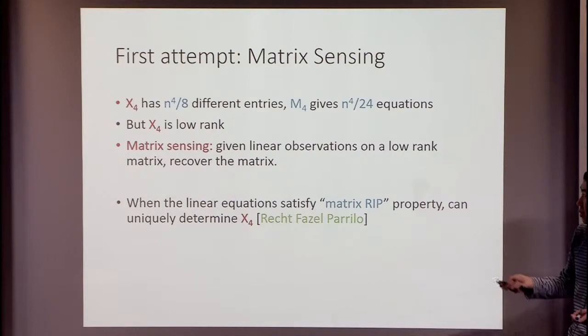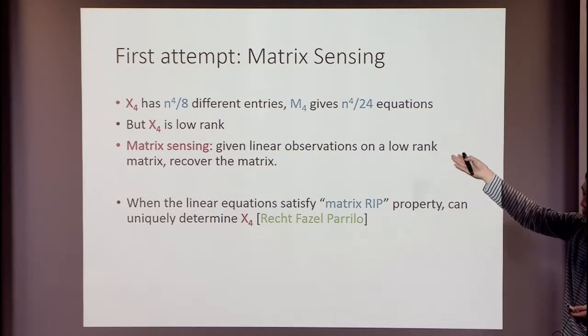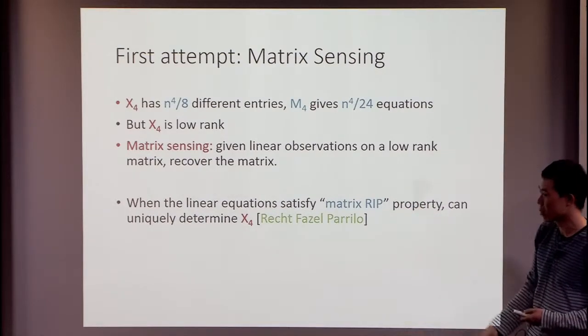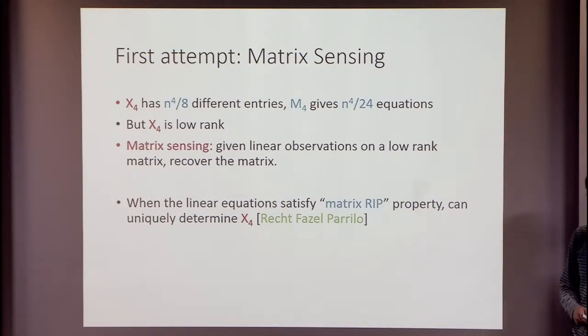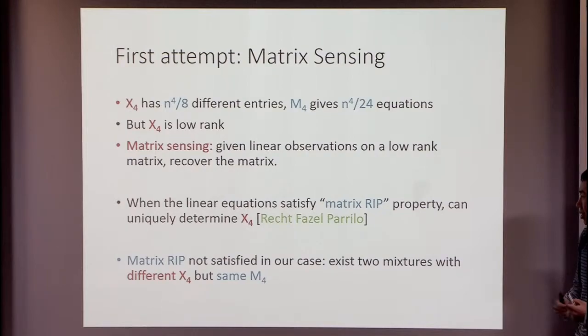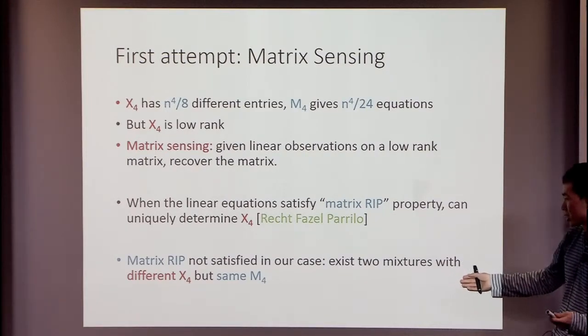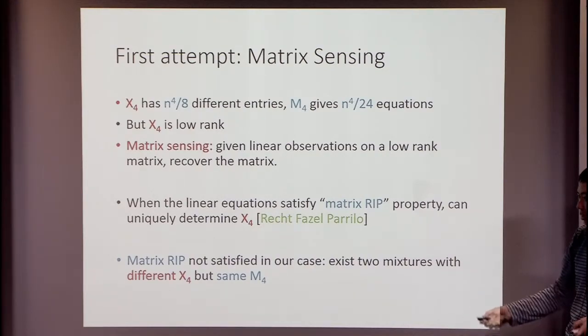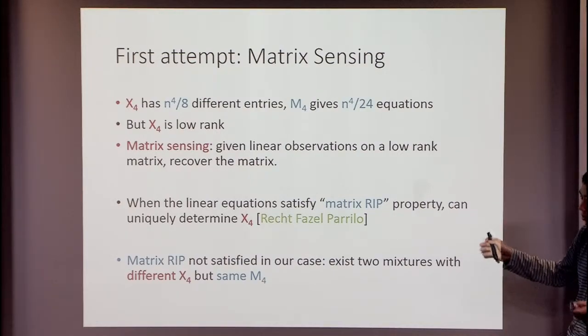Then the problem becomes: does our linear observation satisfy this matrix RIP property? Unfortunately, the answer is no. This is not satisfied in our case. We show there exist two mixtures of Gaussians with very different unfolded moments that give the same M4. So this property cannot hold.